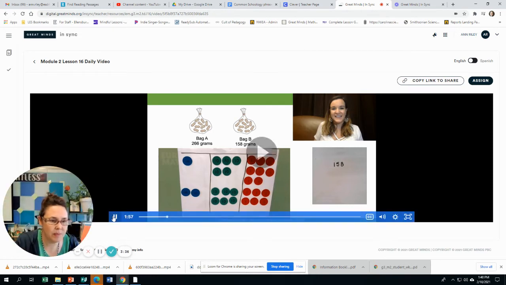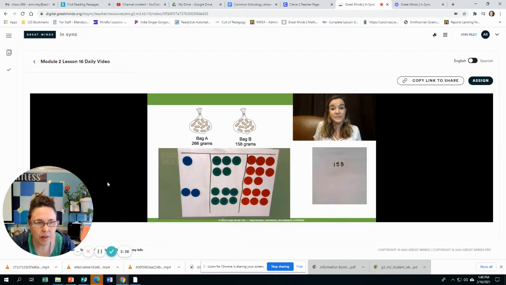Let's see what Miss Roos says. Check your work against my work. 266 is represented by 2 hundreds, 6 tens, 6 ones. Oops, I just noticed I did the wrong number. I did 258.